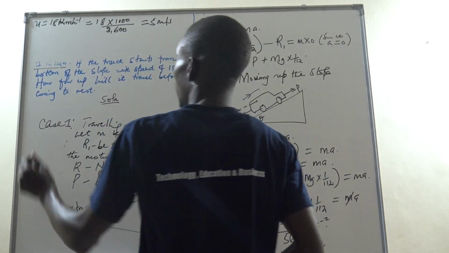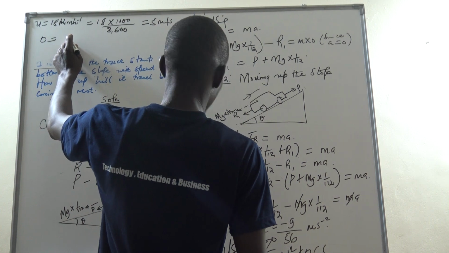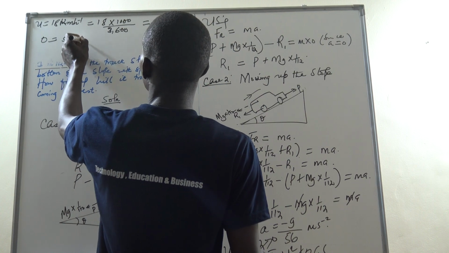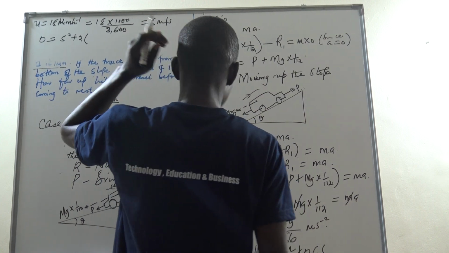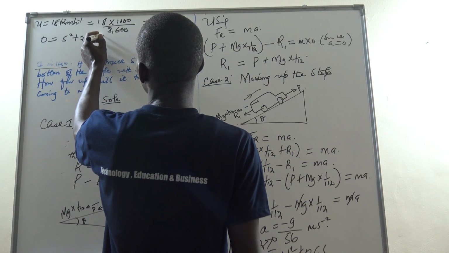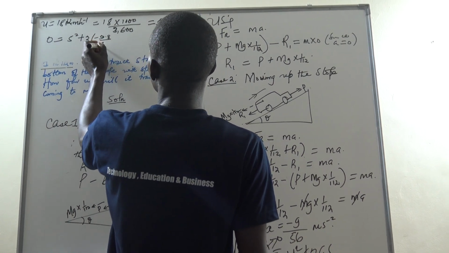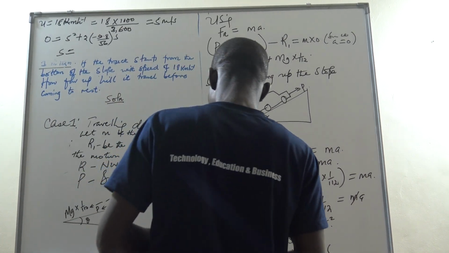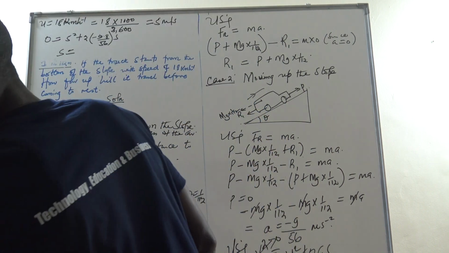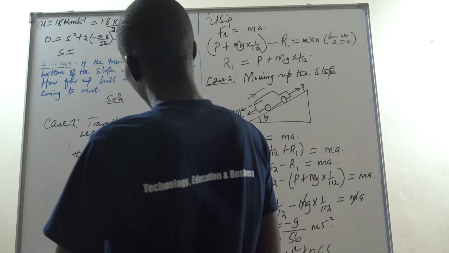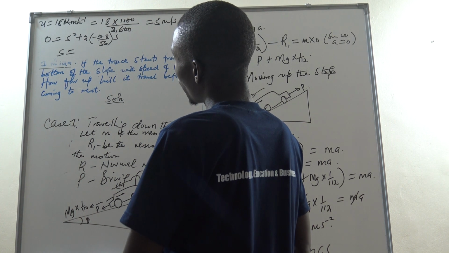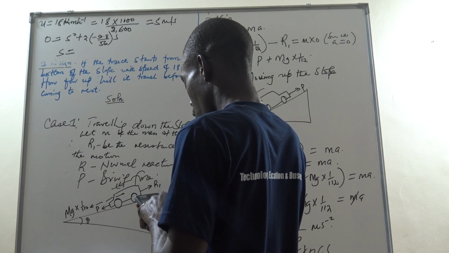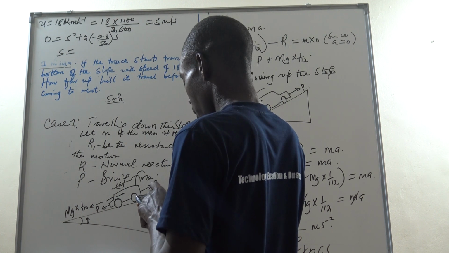So I can now substitute here and say 0 is equaling to 5 squared plus 2 into my acceleration. My acceleration is negative 9.8 out of 56 s. So what is my s from here? Is what we are interested in. So my s is supposed to be, let's say, 9.8 times 2, then divide by 56.